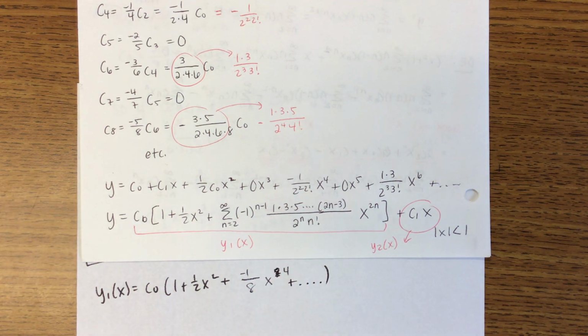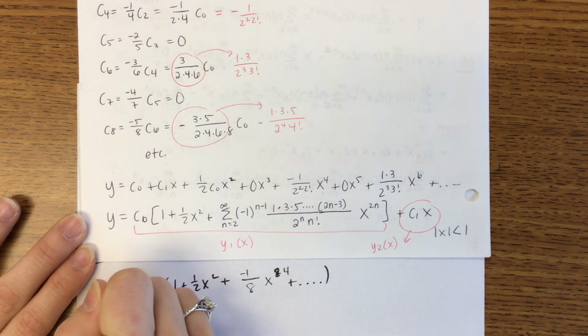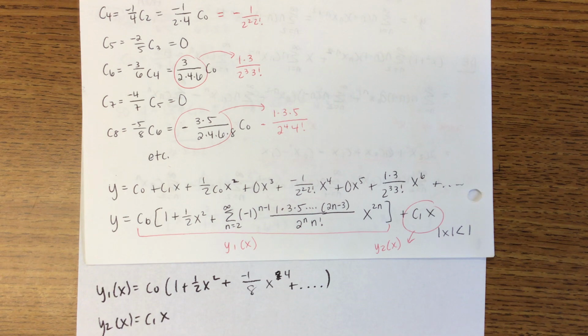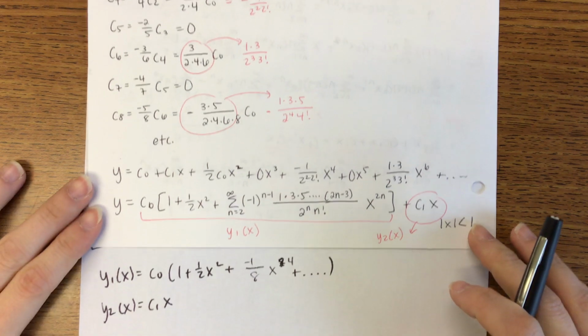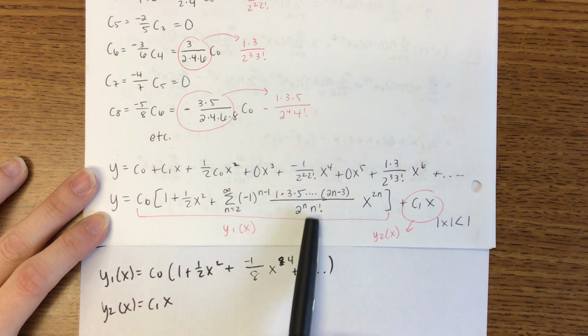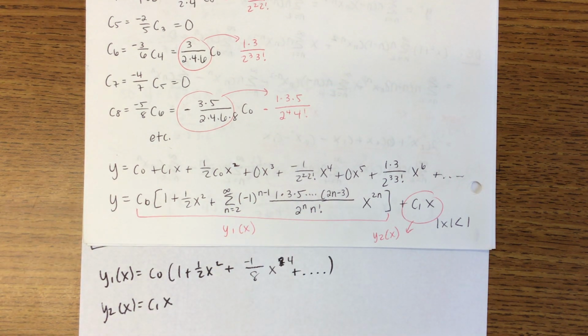So I will also accept your answers if you just write out the first few terms. And then y2 is just C1 x. So either write out the first few terms, or if you can write it as a single summation, you can.